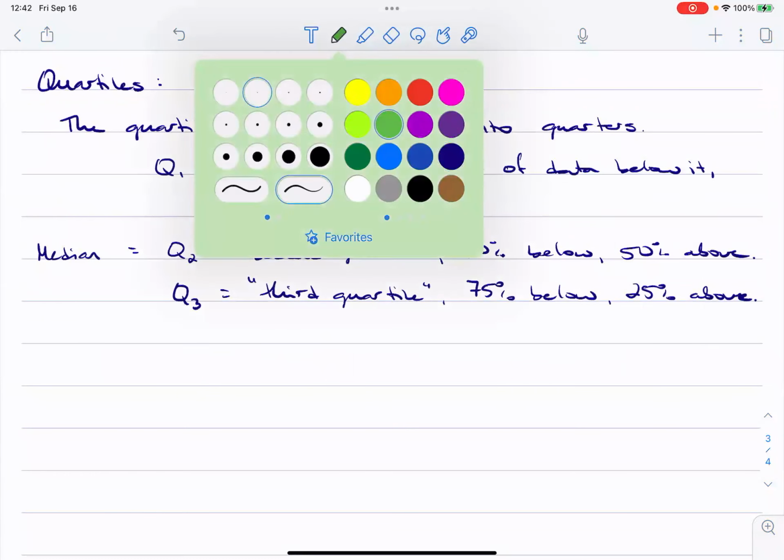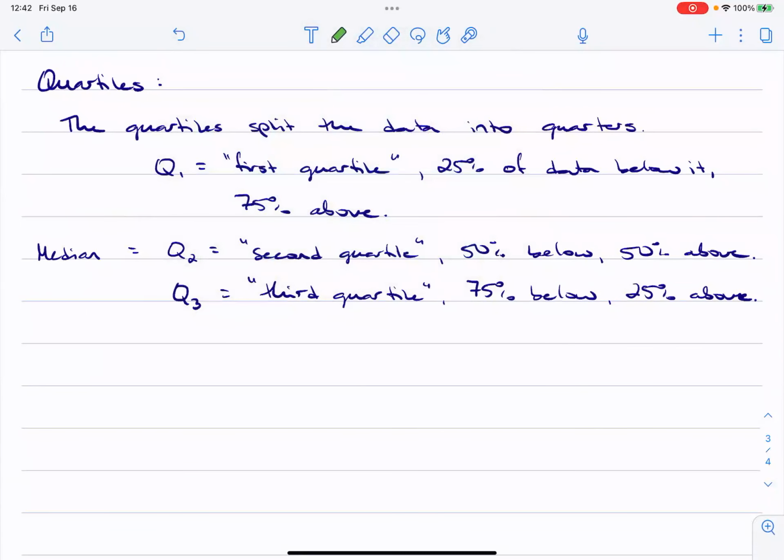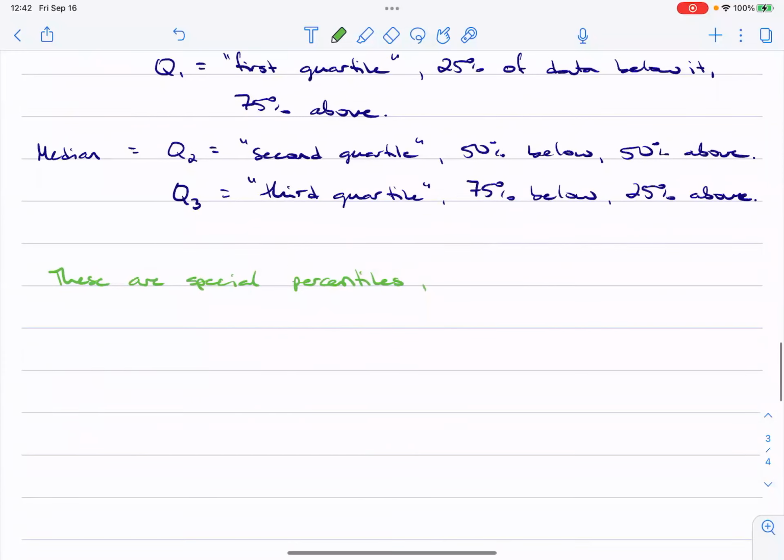So maybe I'll write a note here. These are special percentiles where the pth percentile, so the 75th percentile, for example, is Q3, right?